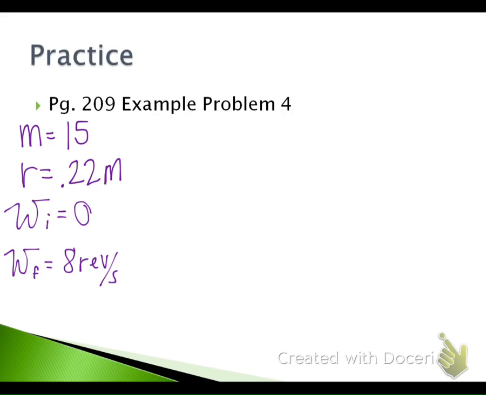So the way we go from revolutions per second to radians per second is we make this T-chart that says 1 revolution equals how many radians? 2 pi. 1 revolution is equal to 2 pi radians, an entire circle. That way we're left with radians per second. So we take 8 times 2 pi, and we get what value for our angular velocity?